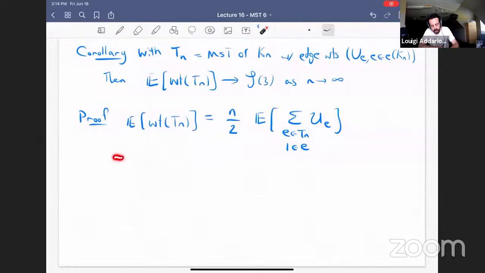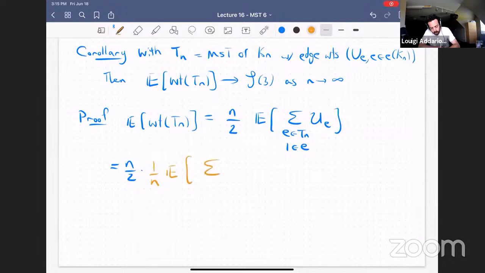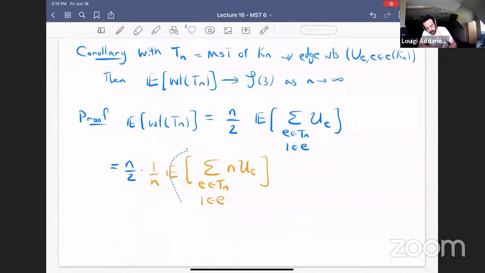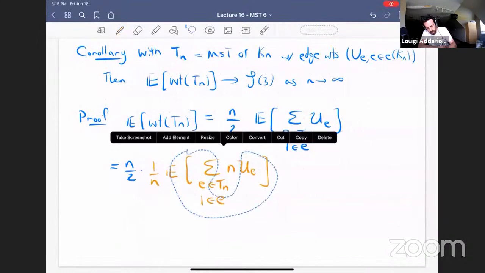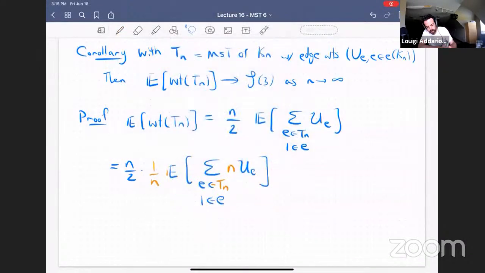So that tells me that if I write that as n over 2 times, and now I'm going to multiply and divide by n, because the thing that we had convergence to the minimum spanning tree of the PWIT for was with weights n times these uniforms, so n times U_e.